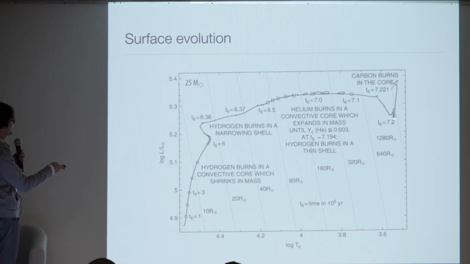The star cannot go much farther to lower temperature. So what the star does is basically start to climb something called the Hayashi line, and the rest of its life will be spent around here with a huge envelope. This is the end point of the surface evolution of the star, but the core continues to evolve, and the star will collapse and explode at this end.